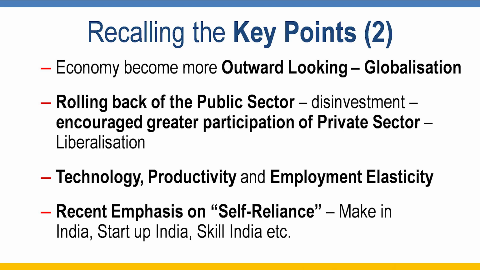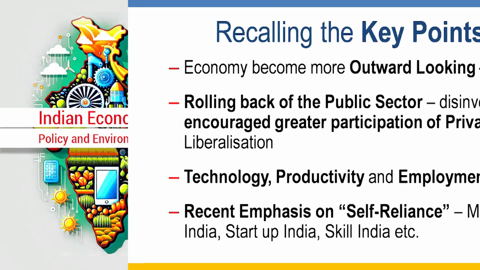We have gone for systematic disinvestment, and it also encouraged greater participation of the private sector during the 90s and after that. And for that we had a series of reforms which were targeting liberalization.